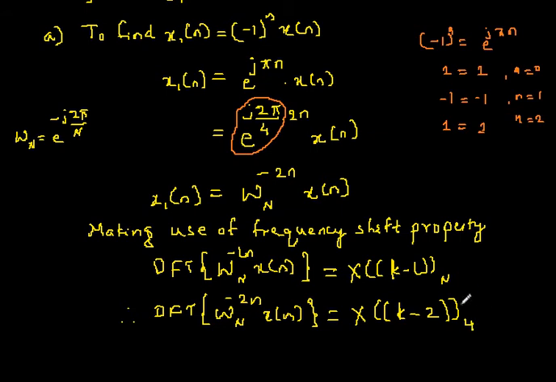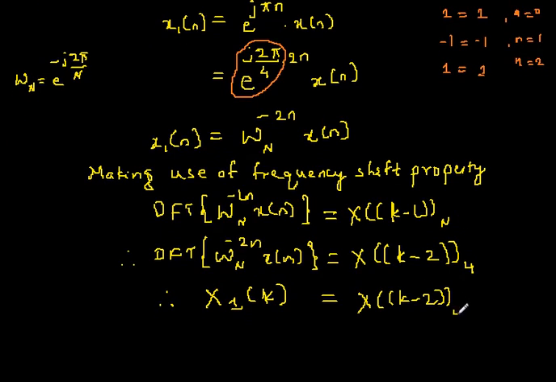In place of capital N we have 4. Is that fine? Therefore ultimately X1 of k, this is what we are looking for, is equal to X of k minus 2. Is that okay? This is how we get X of k minus 2.